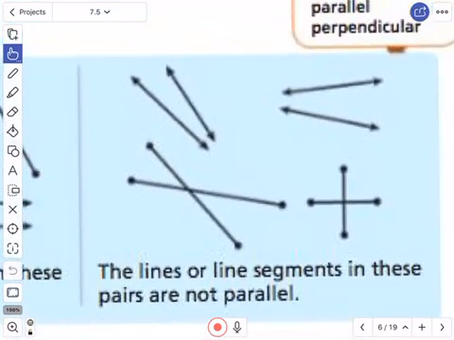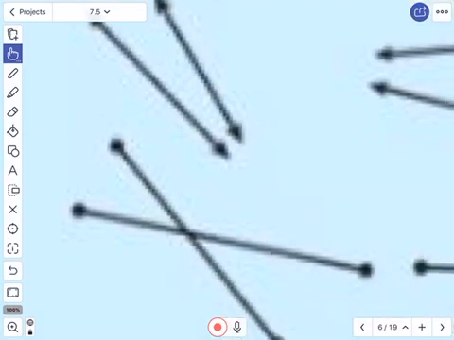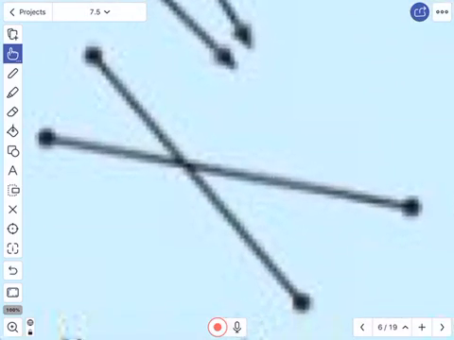The other type of line that we were talking about is intersecting or perpendicular. These two line segments are a perfect example of line segments that intersect. They are lines that have endpoints, these endpoints right here, but these lines just cross each other, so that's called intersecting.